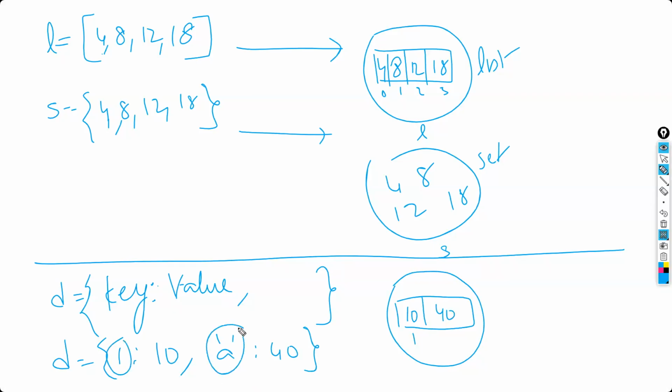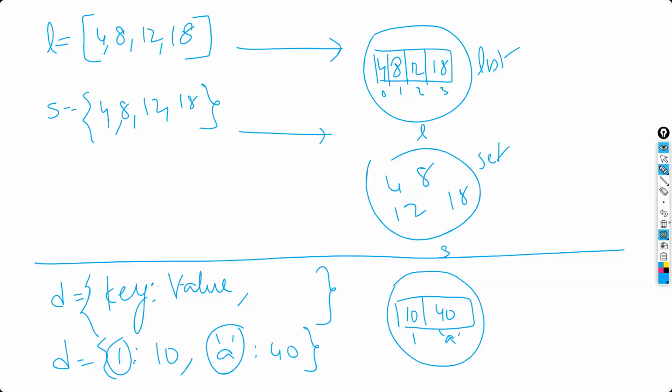The key becomes the index, and the value is stored in the rectangular box, same as in the list. Each value is stored in each rectangular box. There is no difference. The only difference is that in a list the index numbers are taken automatically as 0, 1, 2, 3, whereas here you have to give the index numbers. That is the difference between lists and dictionaries.